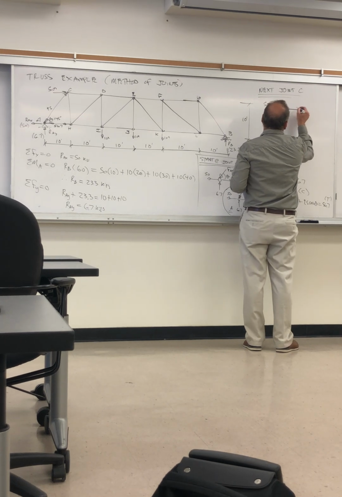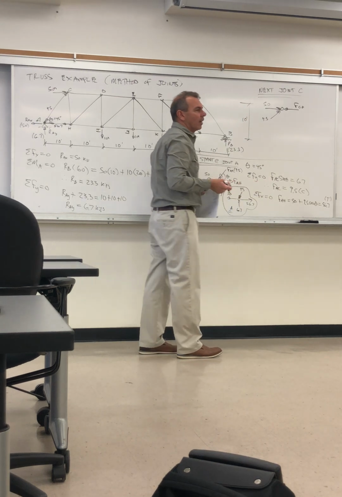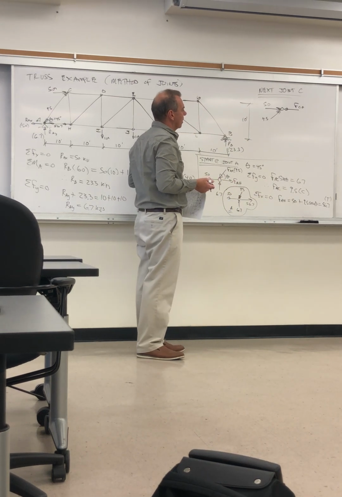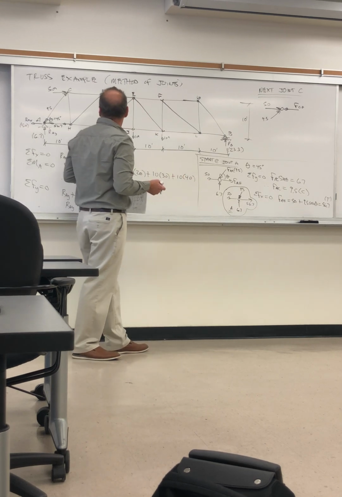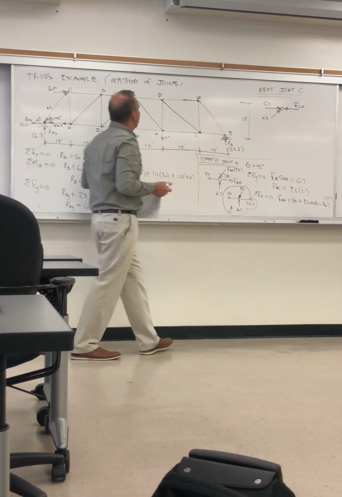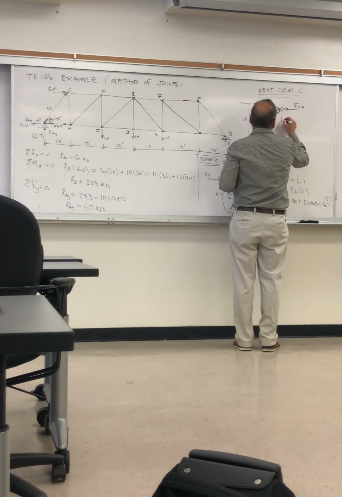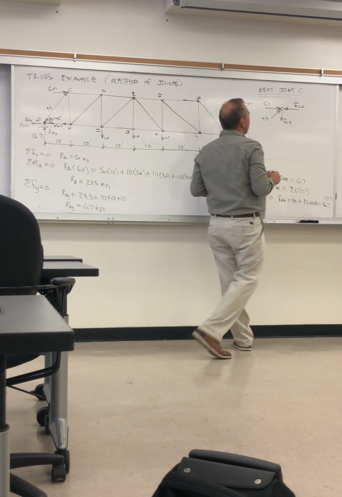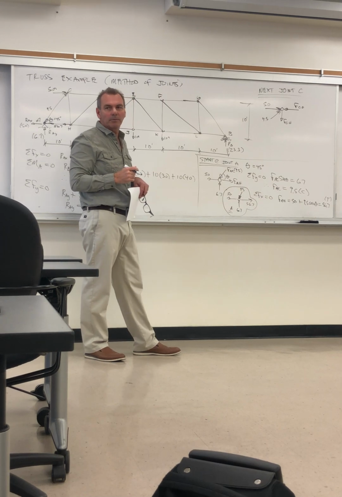And look which direction I'm drawing it. The left, right? I could draw it to the right, but it's pretty clear. That part's gonna be the left. It's gonna balance the 50 and the 9.5. And I have F of CH like this. And that's gonna be down because it's gotta balance the upward force of that 9.5 kips.